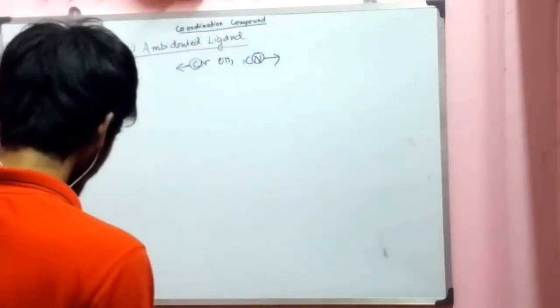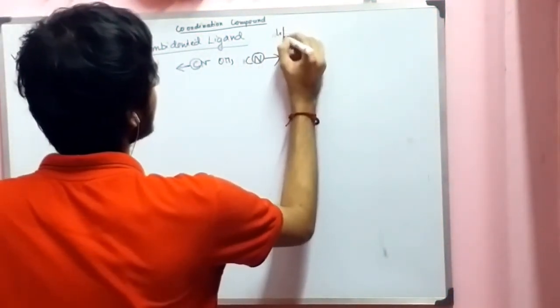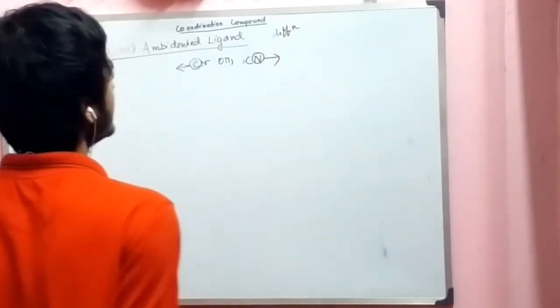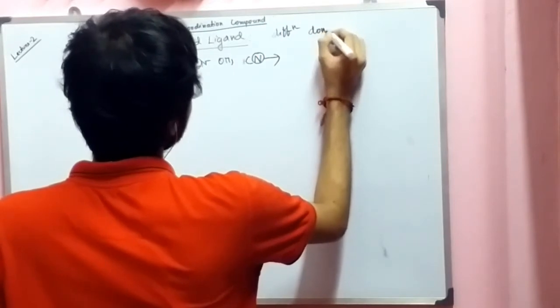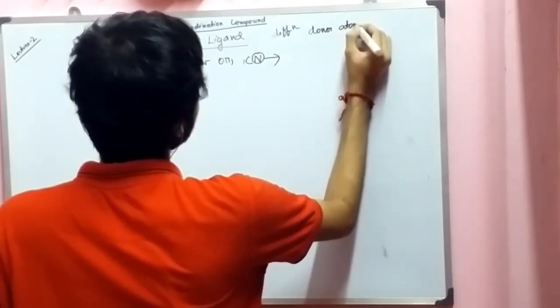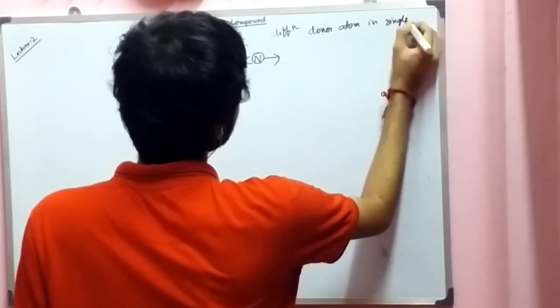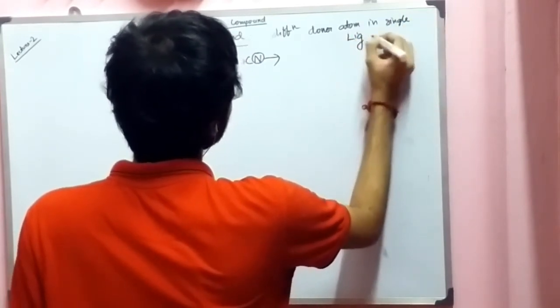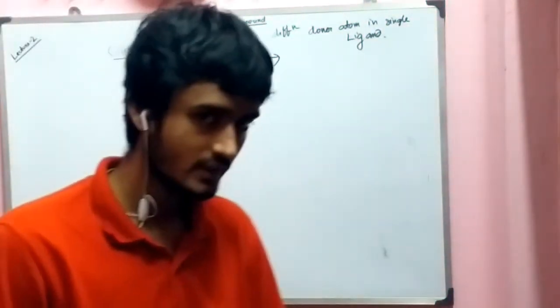So it is known as ambidentate ligand. Okay, so here you can write different donor atoms in a single ligand.